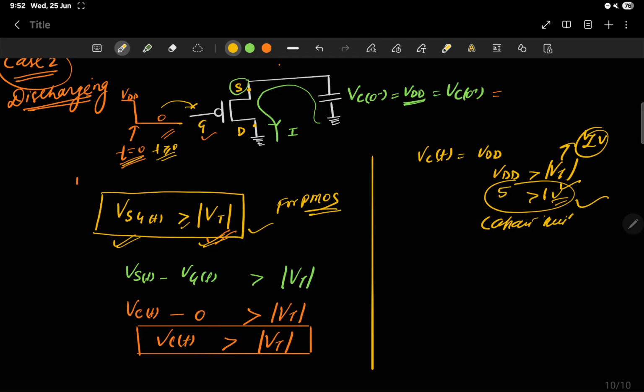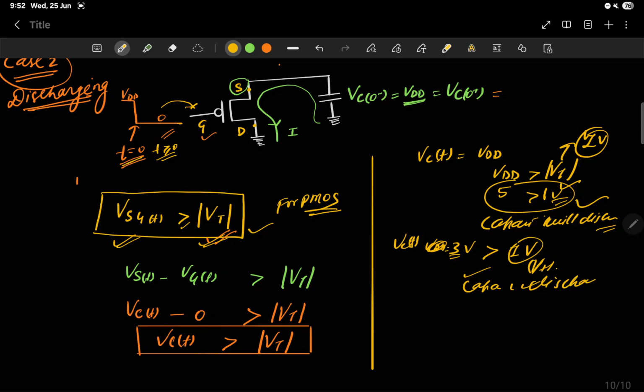If Vc(t) comes to 3 volt, then also it is greater than 1 volt, greater than my Vt, so the capacitor will discharge. No problem.